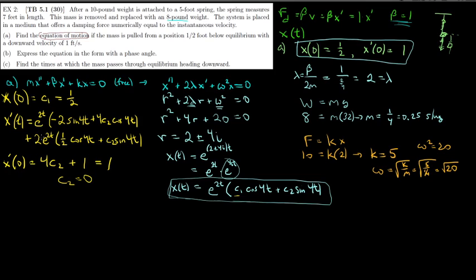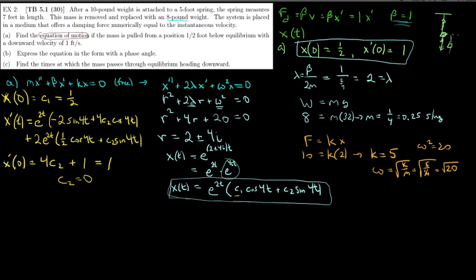The 2 cancels with the 1/2. I think this is right. Okay, well, let's go with that. I don't know. Something's wrong here. So I guess I'm going to have to go back and see what I did here.